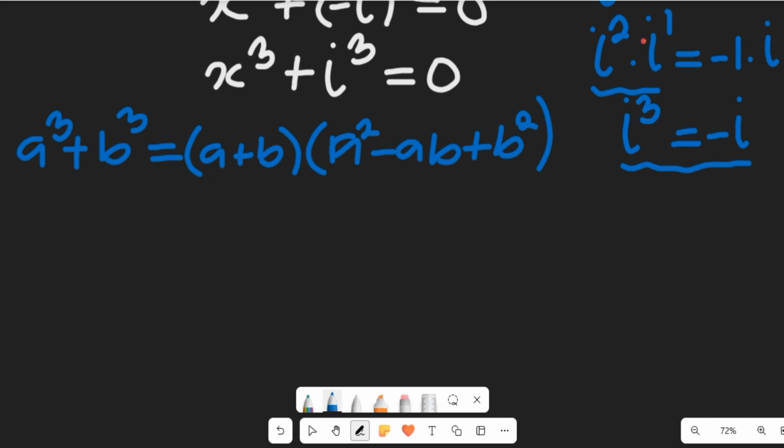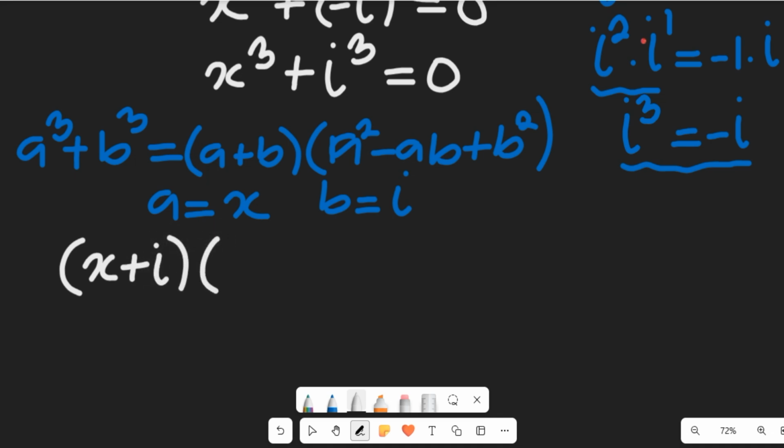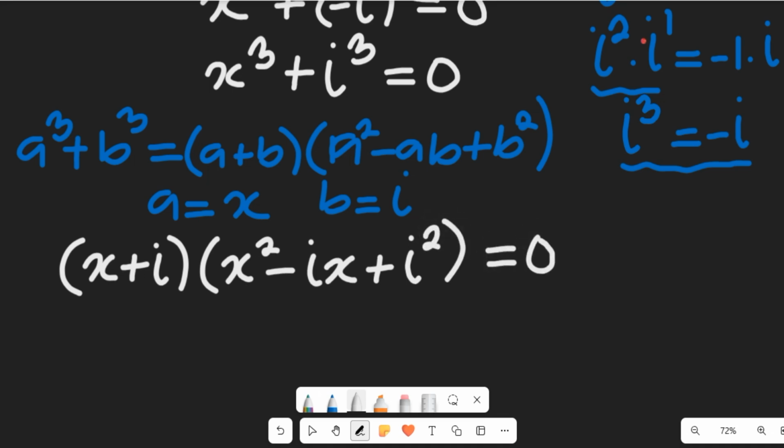In this case, a is equal to x, and b is equal to i. So that gives us x plus i, multiplying x squared minus ix plus i squared, and all this will be equal to 0.